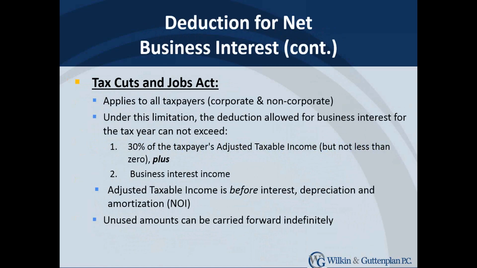Under this limitation, the deduction allowed for business interest for the tax year cannot exceed the sum of 30% of the taxpayer's adjusted taxable income, but not less than zero, plus the actual business interest income. Adjusted taxable income is before interest, depreciation, and amortization, so it's pretty much similar to NOI. Any amounts that are unused can be carried forward indefinitely.